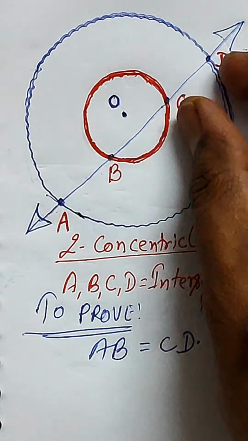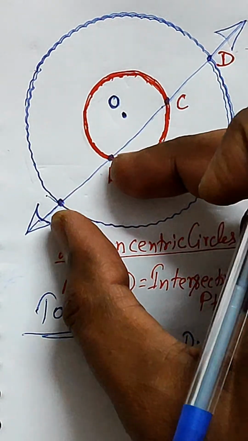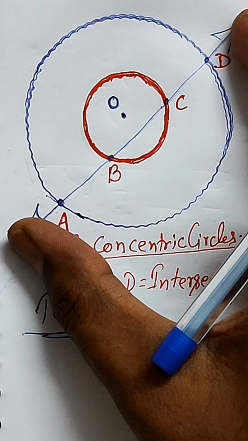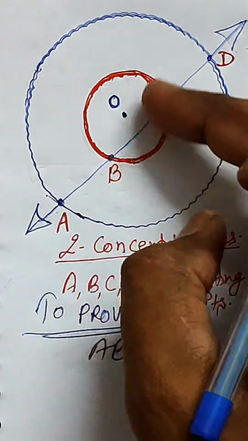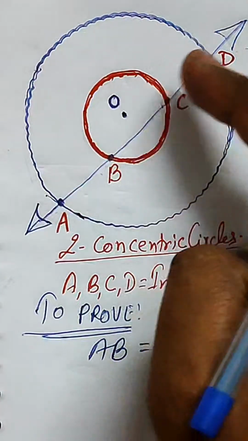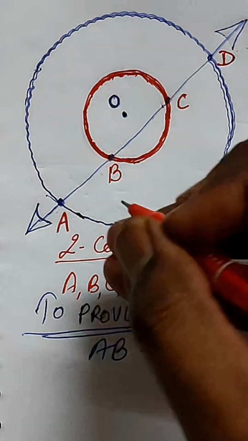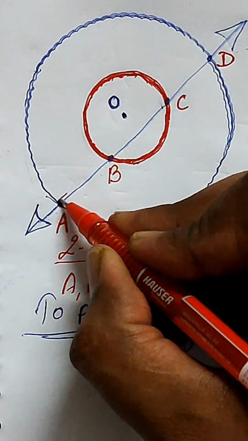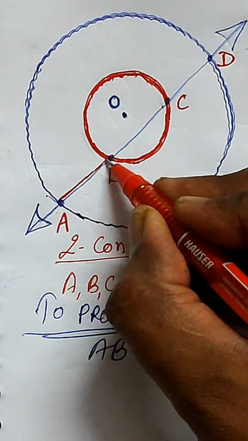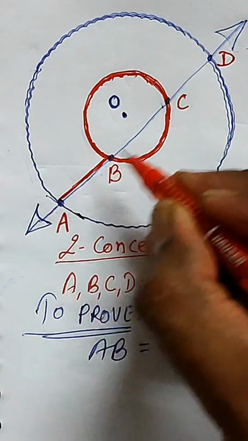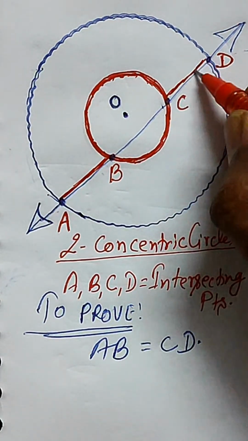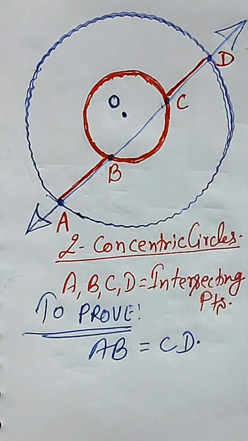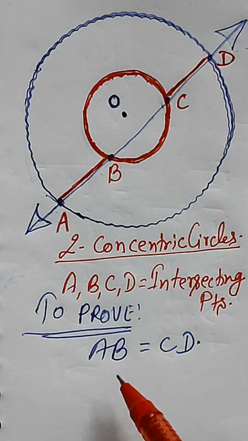This AB is the intersection of this chord which is forming due to the presence of these two concentric circles. So basically this portion we need to prove: AB, this one, equal to CD, this one.